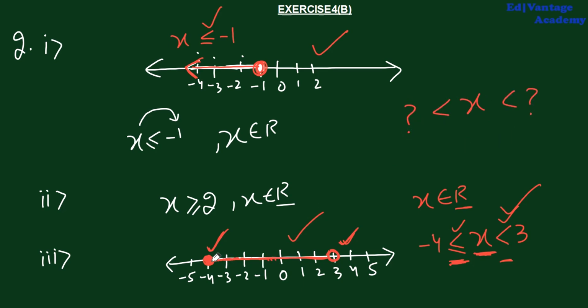So your graph comes with two ends. If both are included, then you have to highlight both sides. If only one part is included, that part you highlight, and the other one you just keep as a circle.